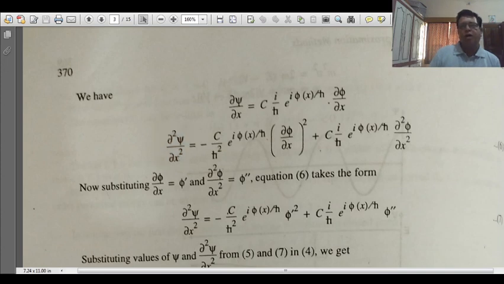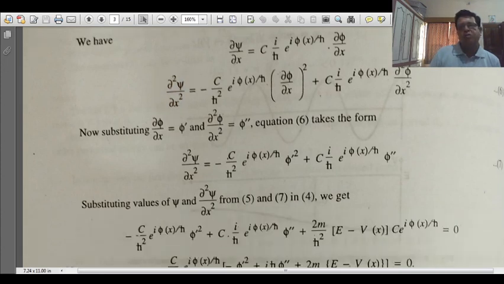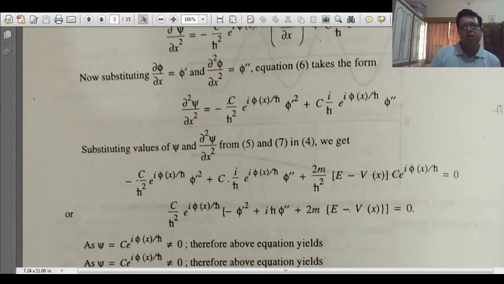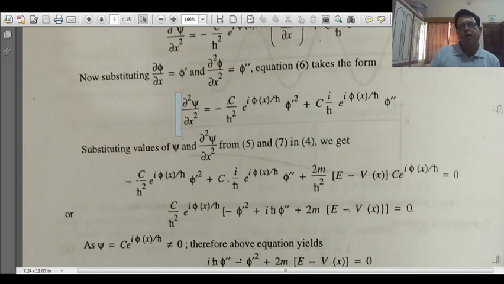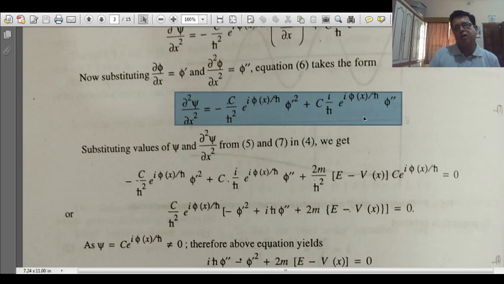The terms phi dash and phi double dash appearing in the expression are well-known notations. So we get the result for psi double dash.